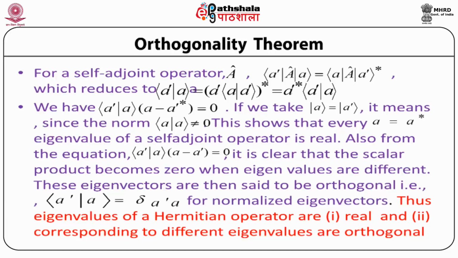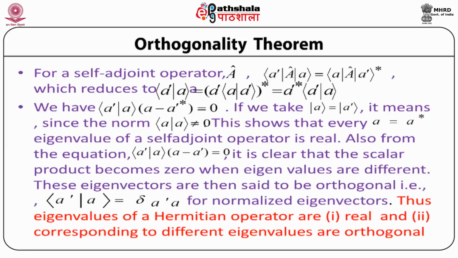Thus, if we take ket vector a equal to ket vector a prime, since the norm bra vector a ket vector a is not equal to 0, this shows that a is equal to a star, and the eigenvalue of a self-adjoint operator is real, since a star is the complex conjugate of a.